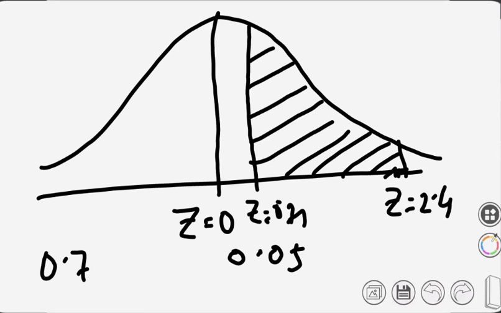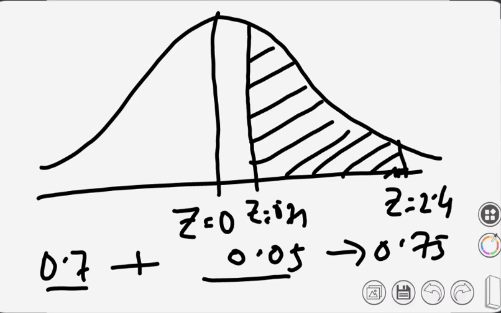If you add these two, 0.7 plus 0.05, it gives 0.75. In the 0.7 row, 0.70 is 0.2580, 0.71 is 0.2611, 0.72 is 0.2642. Continue this way till 0.75, where you find 0.2734.